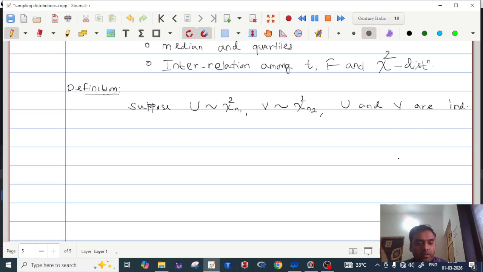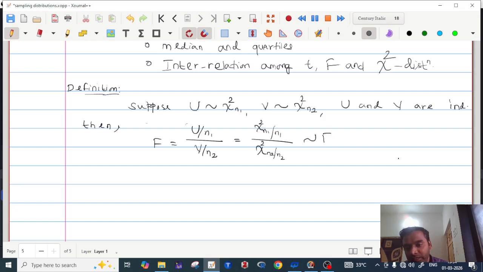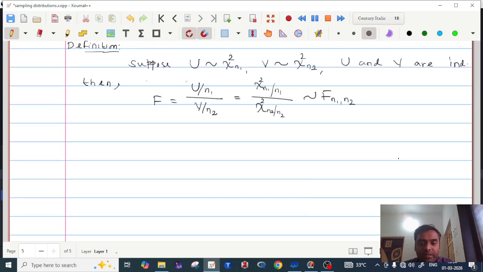Then the ratio of two chi-square random variables, each divided by its respective degrees of freedom, that is U divided by n1 divided by V divided by n2, follows F with n1 comma n2. This way we define the F distribution.